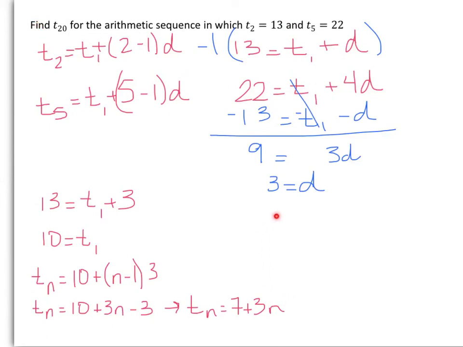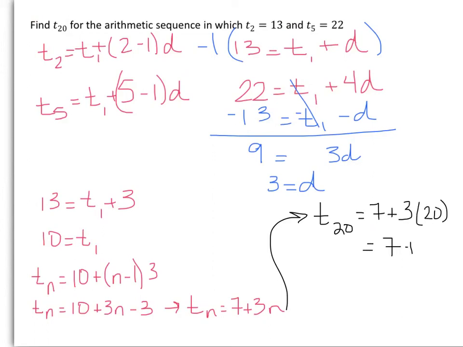So I'll draw my arrow here. So T sub 20 is equal to 67.